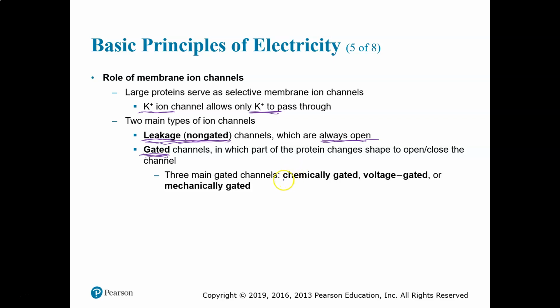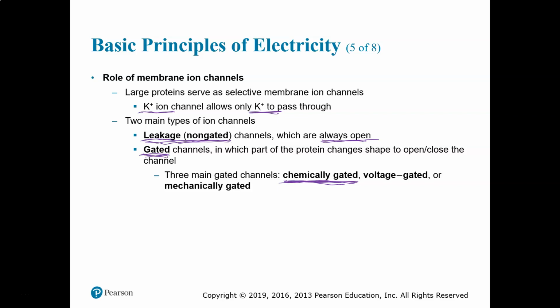If it's chemically gated, like for example, the sodium channels located on the motor end plate in our last topic, muscles, that sodium gated channel did not allow sodium to come into the muscle until acetylcholine bound to that receptor.